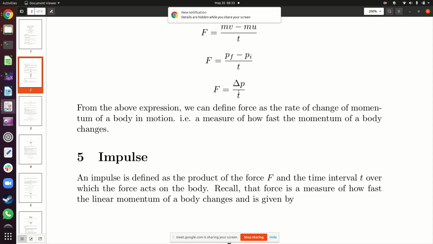Remember what force is. Force causes the motion of an object to change. From Newton's first law of motion, an object at rest will remain at rest, or an object moving with constant velocity will continue to move with constant velocity, until it is acted upon by an external force.